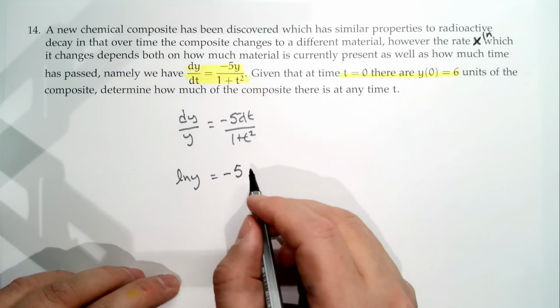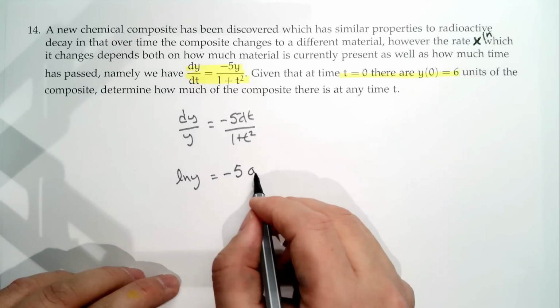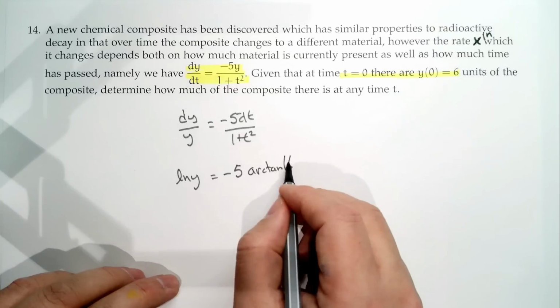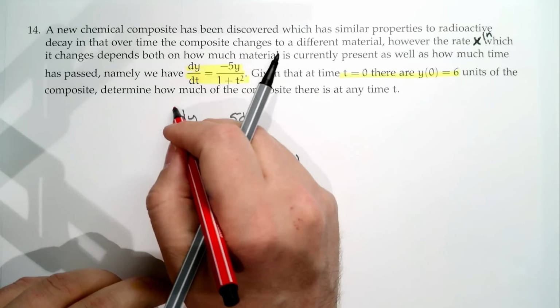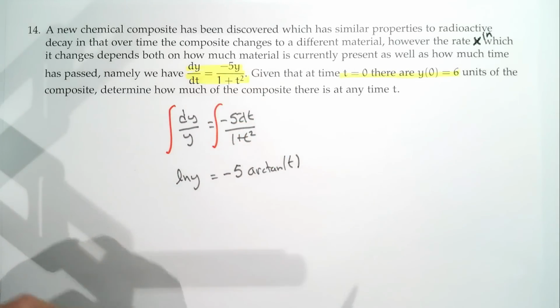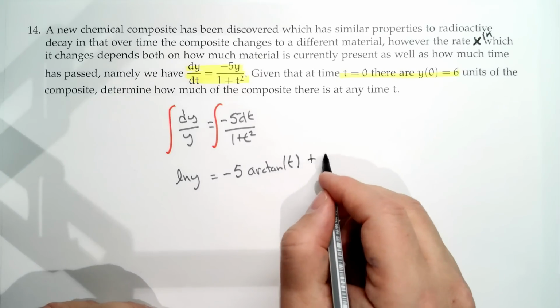Well, negative 5 is a constant, and then 1 over 1 plus t squared is going to give us arctangent of t. So after we did our separation, we then did our integration. And of course, we need to have a plus c.